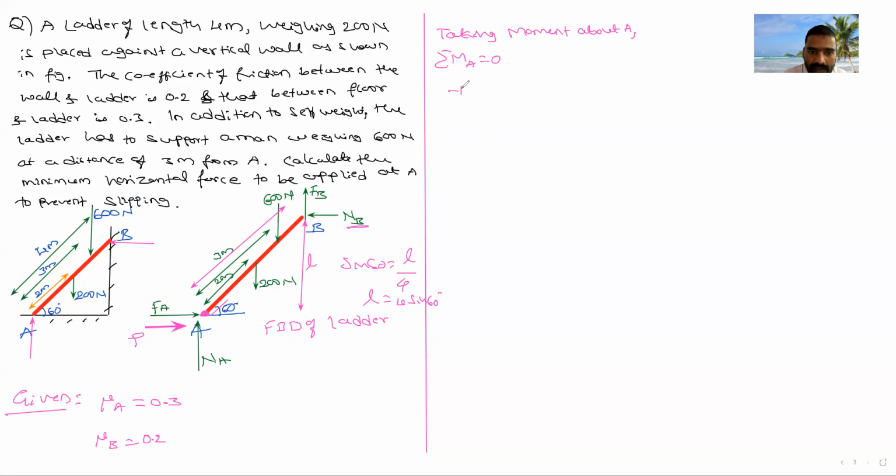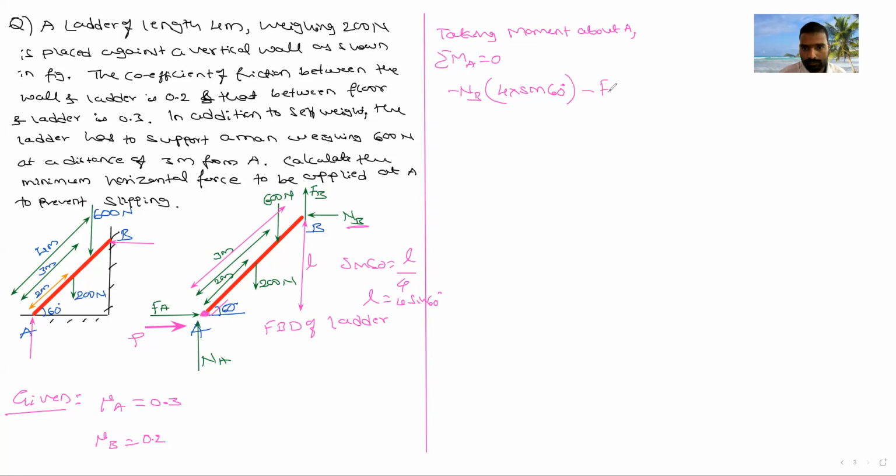So minus NB, the force, into perpendicular distance, 4 sin 60. Next, FB is acting in the upward direction. Is FB rotating the ladder clockwise or anti-clockwise? Anti-clockwise, so that is also minus.